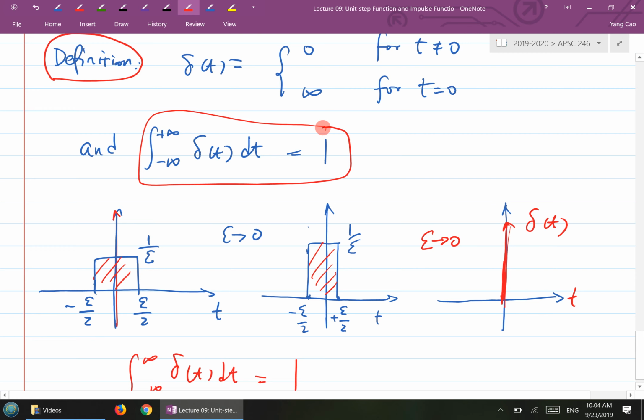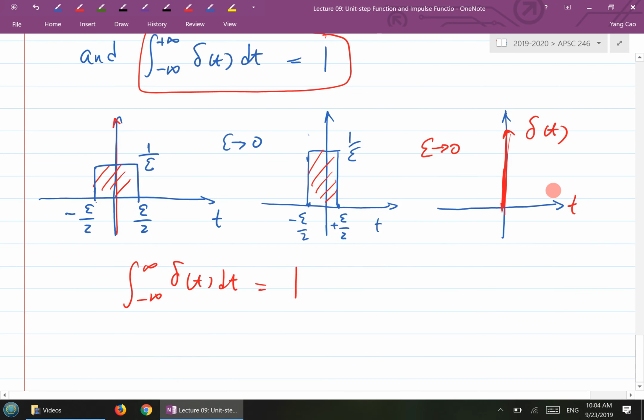So this is the definition of the impulse function. It has infinite height at t equal to 0, and the integral of delta t from negative infinity to positive infinity will be 1. But really you don't have to integrate from negative infinity to positive infinity. You could pick a point here and a point here, as long as these 2 points contain that box.